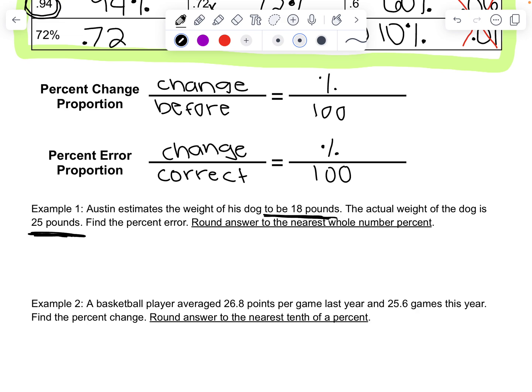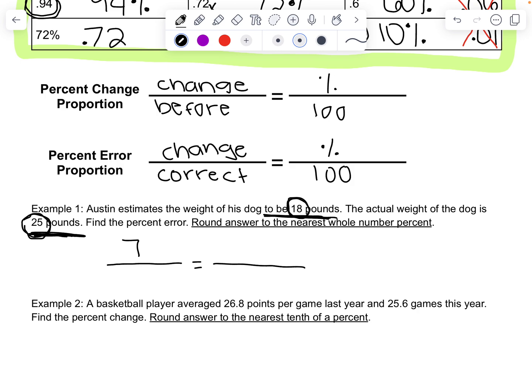When we set up our proportion, we know that the change, or the difference, goes on top. He thought it was going to be 18 pounds. It actually was 25 pounds. The difference between 18 and 25, if I subtract them, would be 7. And then the bottom is going to be the correct amount.